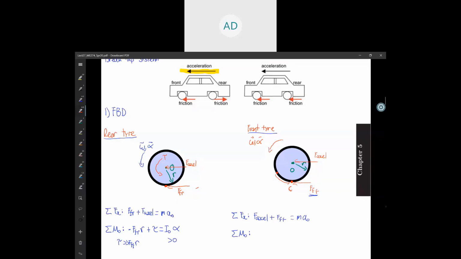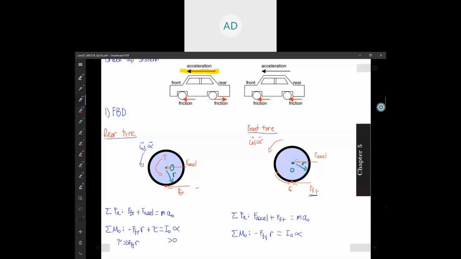To calculate the moments, again, we can use point O as in the rear tire, and this will lead us to have the friction force of the front wheel causing a negative moment, and then on the right-hand side the moment of inertia times alpha.